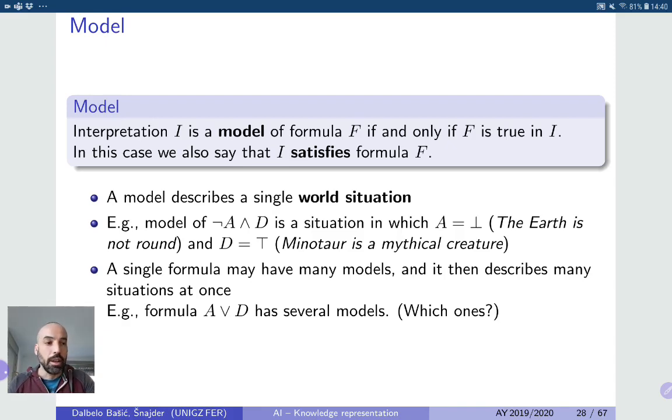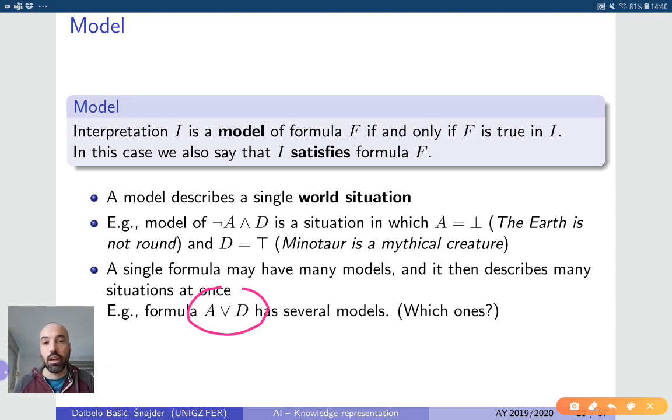Okay, and these hypotheses then are the different models for the formula. So for example, if we have a formula A or D, well then this formula has several models, right? Which ones? Well, first off, how many interpretations do we have for this formula? We've got 2 variables, so it's going to be 2 to the power of 2 possible interpretations, which is 4. And out of these 4, there are 3 interpretations that actually make the formula true.